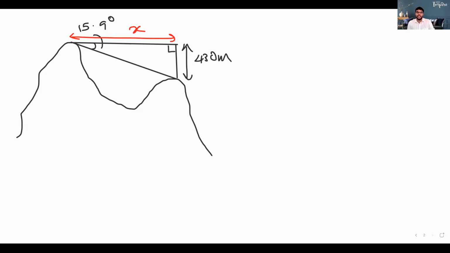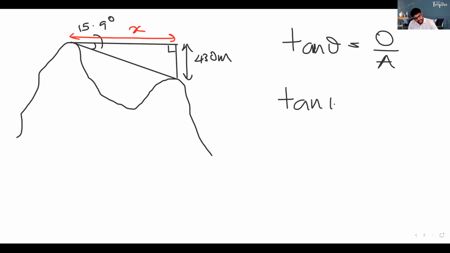Now remember, tan is the one that uses opposite over adjacent. So tan 15.9 is going to be 430 as opposite and the adjacent is x.